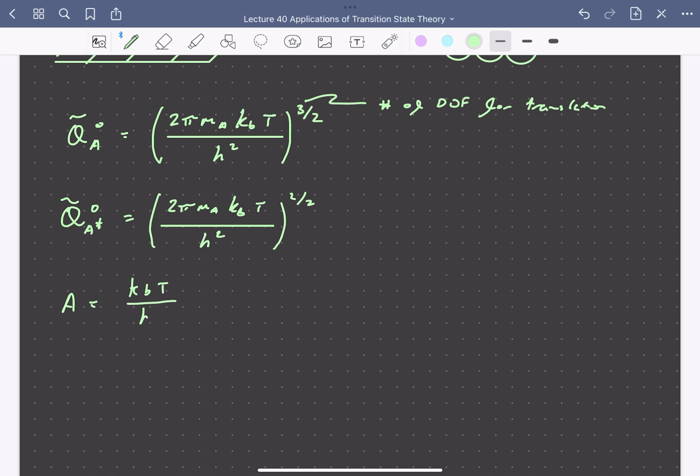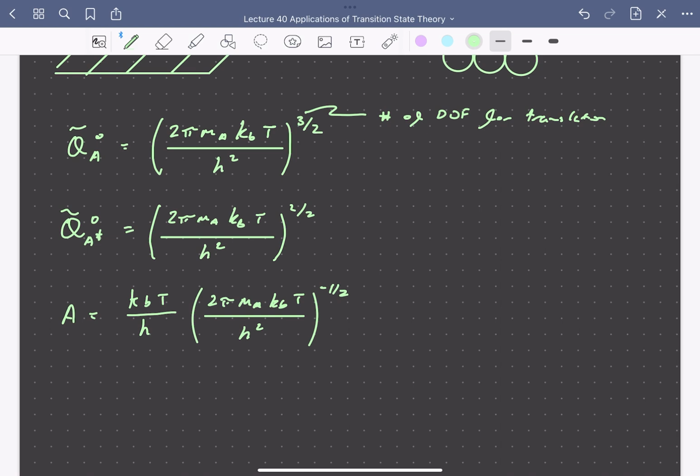It's going to be equal to kT over h times 2 pi times the mass of A times kBT over Planck's constant squared, and this is raised to the minus 1/2 power, since the partition function in our numerator for the transition state had a power of 2 over 2, and the partition function for our reactant state in the denominator had a power of 3 over 2.